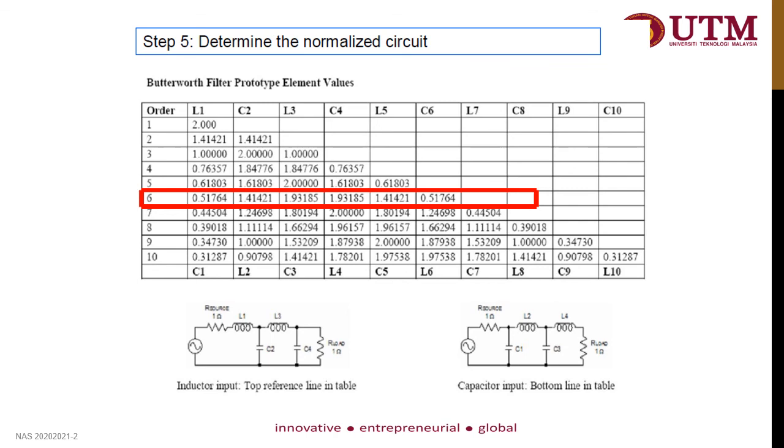You need to refer to the table and then just follow the sequence, either by having inductor input or capacitor input. Okay, don't forget to put in all values into the circuit.